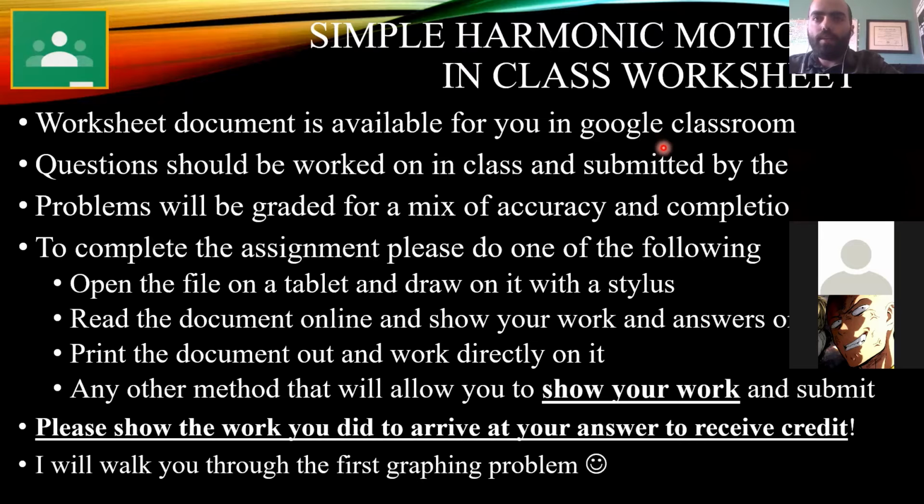We're going to need to turn that completed worksheet in, and there are a couple different ways you could do that. If you have your iPad and you have a stylus or a way that you could draw or write on the document, you could do that. You could always just read the problems on the screen and then work the problems on paper. As long as you can show your work, that'll work fine.